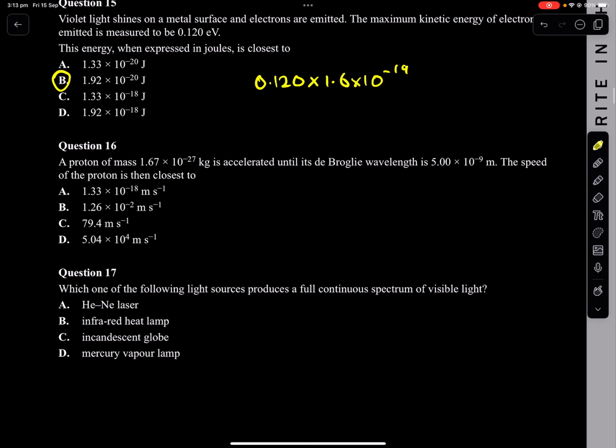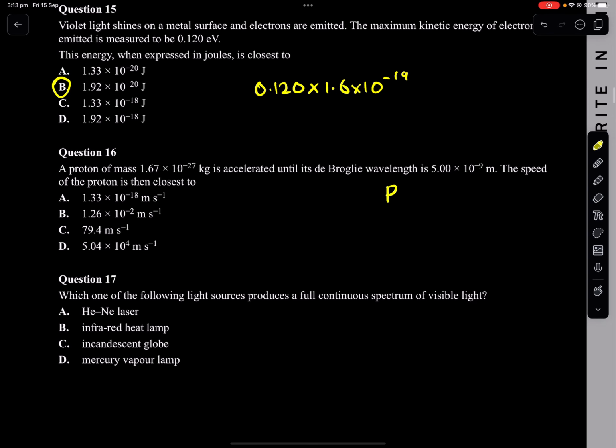What about a proton of mass? A proton of mass 1.67 times 10 to the negative 27 kilograms is accelerated until its de Broglie wavelength is this. The speed of the proton is then closest to what? Okay, so let's look at the formulas. We know that momentum is equal to mv, and we're dealing with speed.